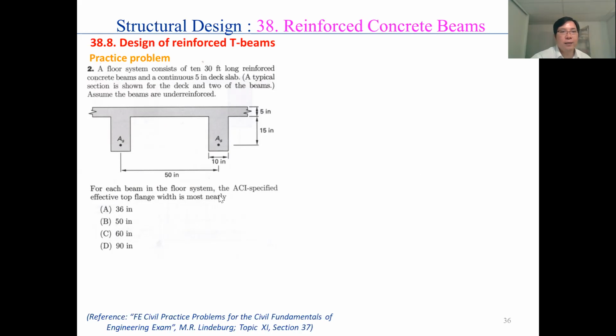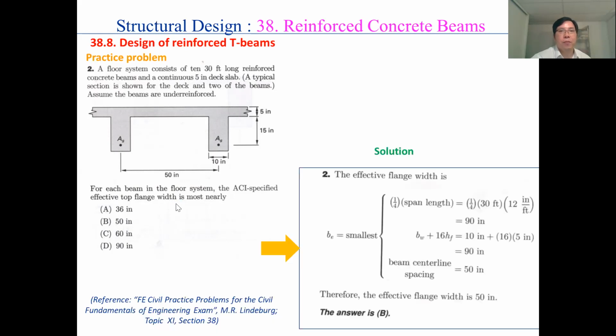The question is that for each beam in the floor system, what is the ACI specified effective top flange width? So you can see the solution written in the right of this slide.